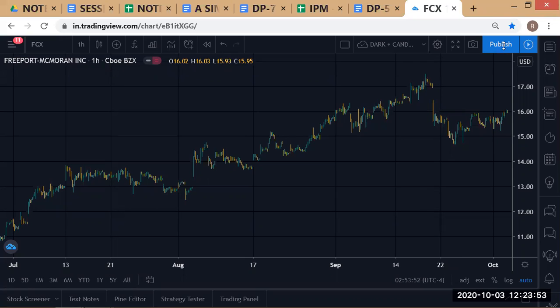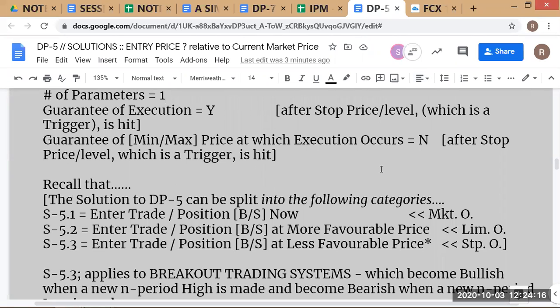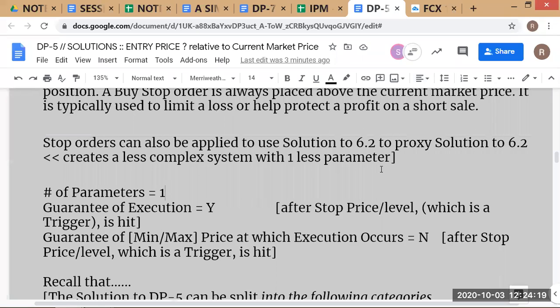When Vipul goes short at 16, it's not transmitted immediately because it's a conditional market order. So the system holds it in its archive and watches the market. Once 17.5 is hit, it transmits his buy stop order as a market buy order. So that's another way of understanding stop orders as a conditional market order. All right.